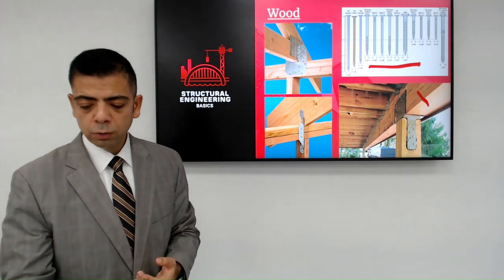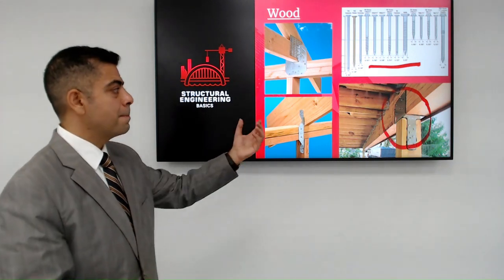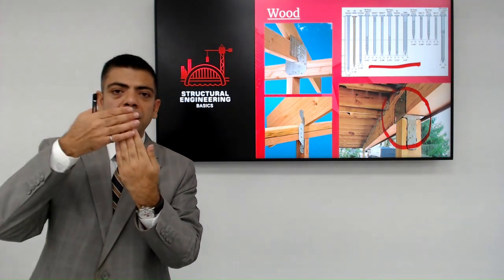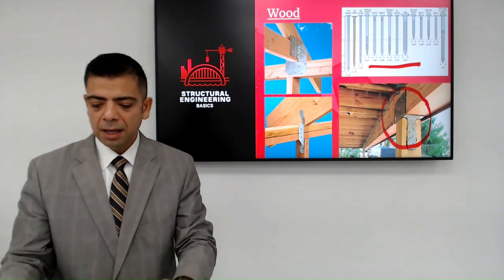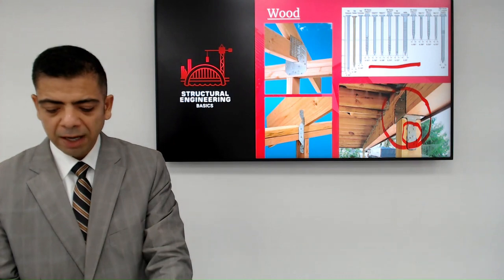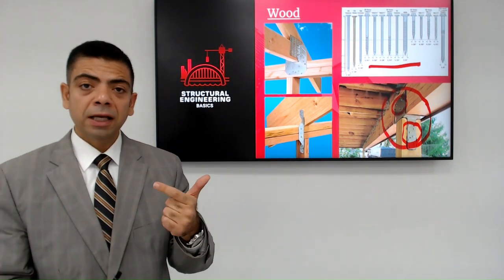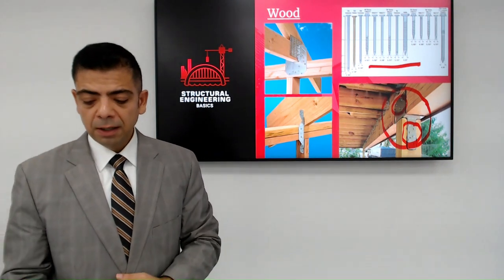You will also sometimes resort to these metal connections. This is an example of a column to beam connection with a saddle, and the number of nails on the side is checked and calculated based on the loads and stresses.